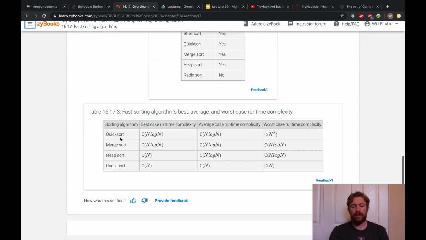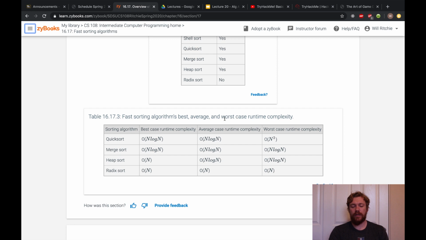So looking down here, they're only showing quicksort and merge sort, with the best case, average case, and worst case of these algorithms. Quicksort, in the best and average case, does perform at big O of n log n. Its worst case, as we can see, is big O of n squared.